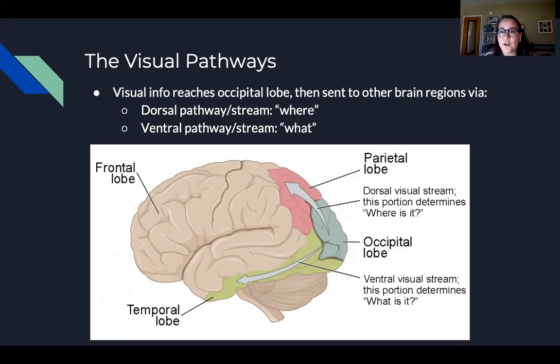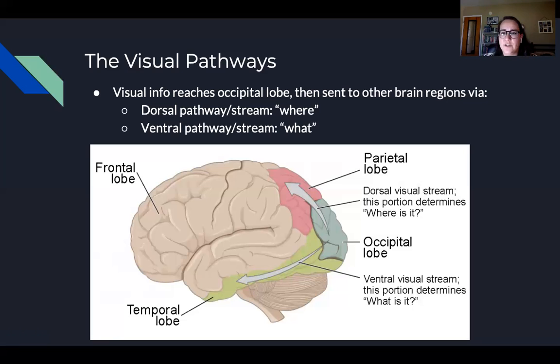Yeah, great question. We know that our cognition is really complex, and this is obviously a really simplified diagram, but this information is actually being sent in both directions because we need an integration of this information too.